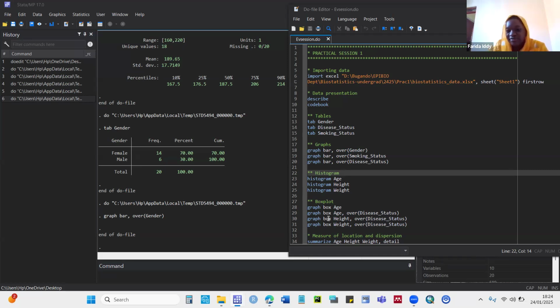So that's the first function of the box plot. The second function is giving you the first quartile, second quartile, which is the median, and third quartile. So let me draw a box plot for age.